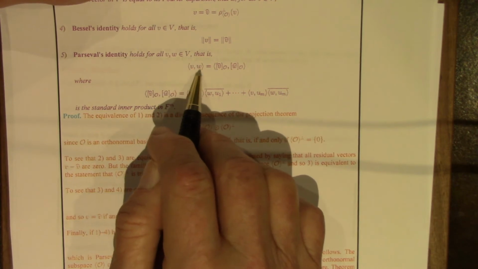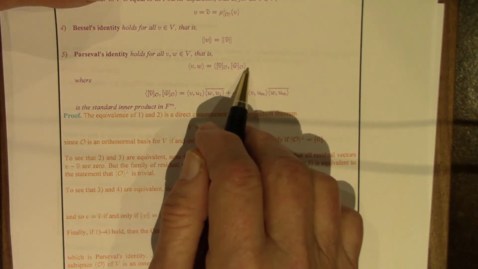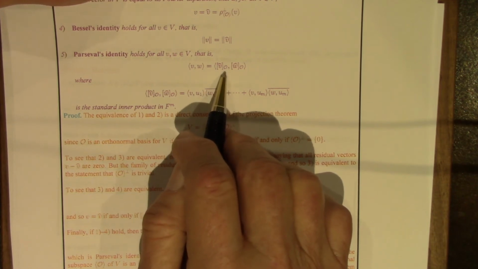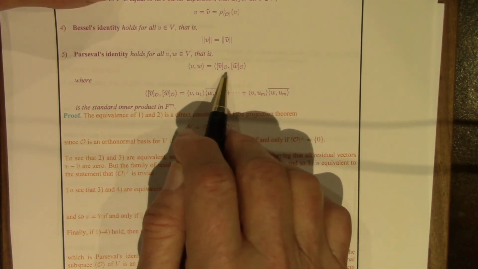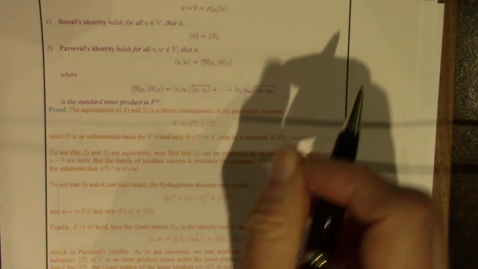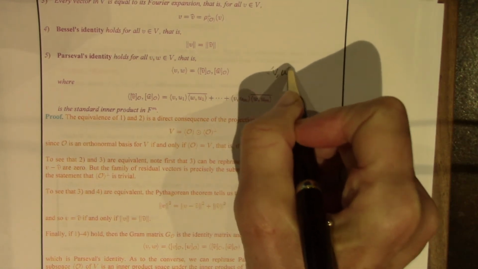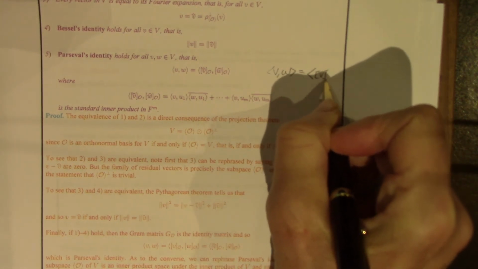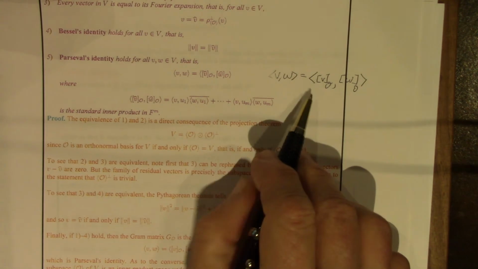It says the inner product of V and W, two vectors in the inner product space, is equal to the standard inner product of the coordinate matrices of the projections V hat and W hat with respect to O. What we know about the inner product from earlier discussions is that the inner product of V and W is equal to the standard inner product of the coordinates.